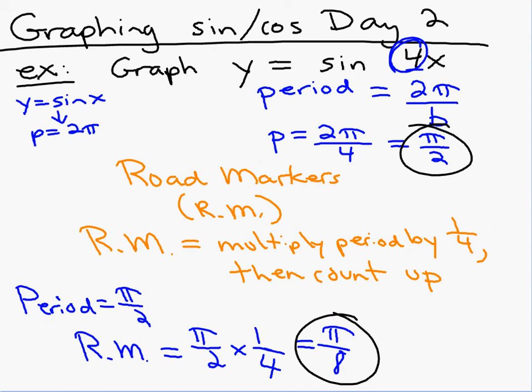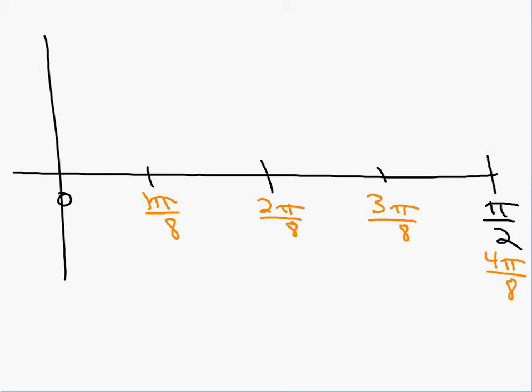By the way, what was the amplitude of this one? We learned that yesterday. If there's nothing there, it's just 1, isn't it? So the amplitude of this thing is 1, negative 1. And now all I need to do is use those same corner values that I taught you, the sine of 0, 0.